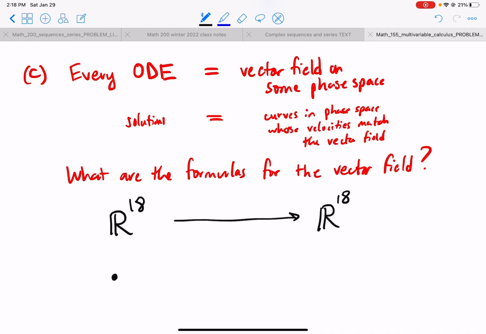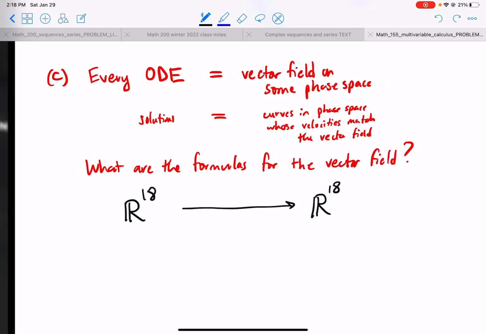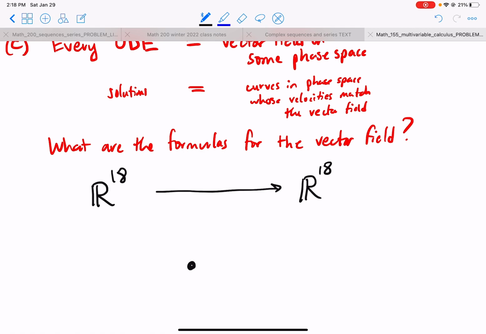Every point in the phase space will get an 18-dimensional vector. All the points get a vector. And then we want to find curves that match those vectors at every point. So what are the formulas?